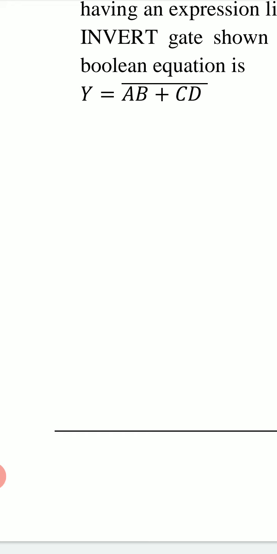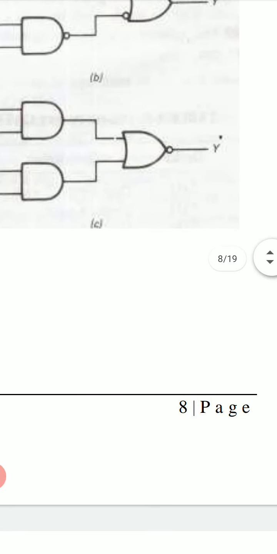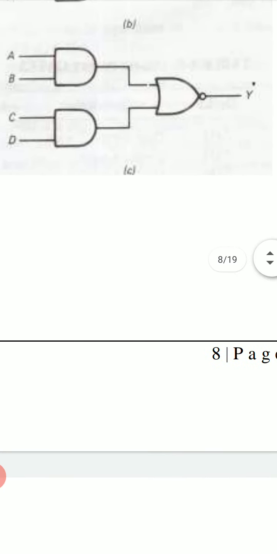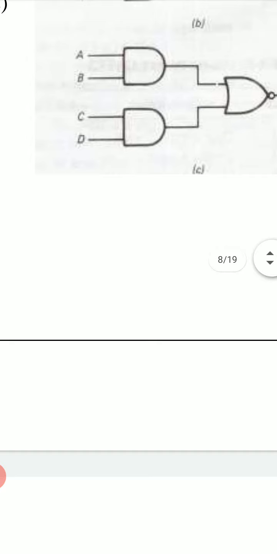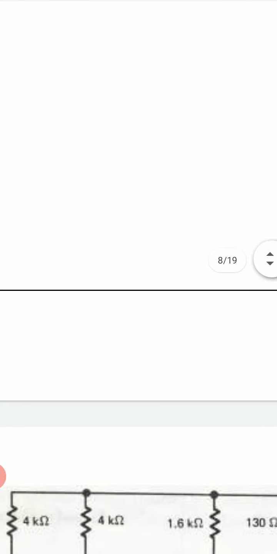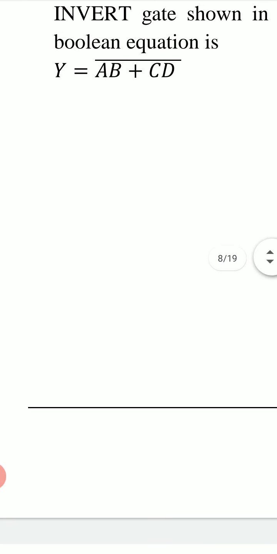If output Y is AB plus CD, then the gate is known as AND OR gate, and if an extra inversion is produced, then output Y will be equal to AB plus CD bar. So this is known as AND OR invert gate.